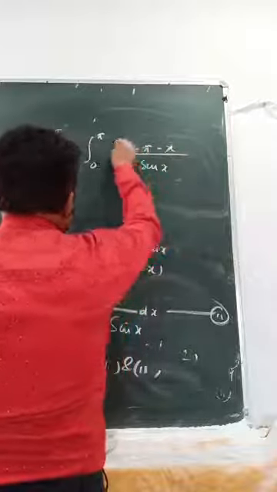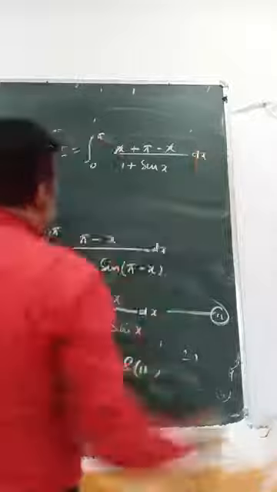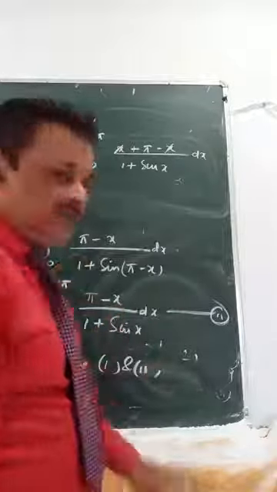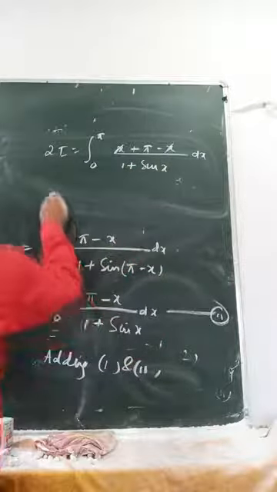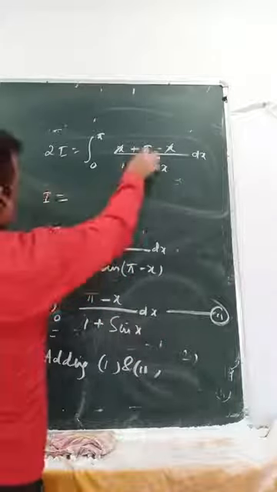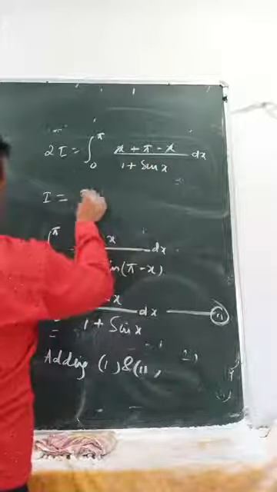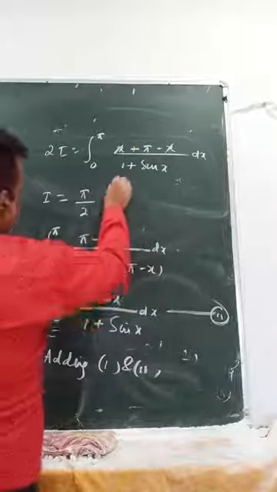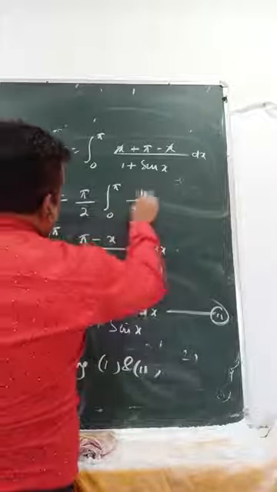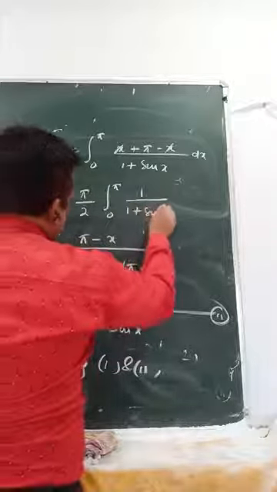The x is cancelled. dx, that means you have cancelled x. Now what is left is I equals, this pi will come outside, pi by 2, integral 0 to pi of 1 by 1 plus sin x dx.